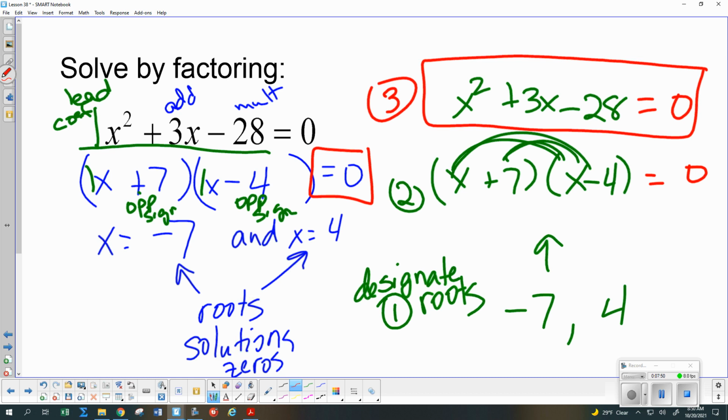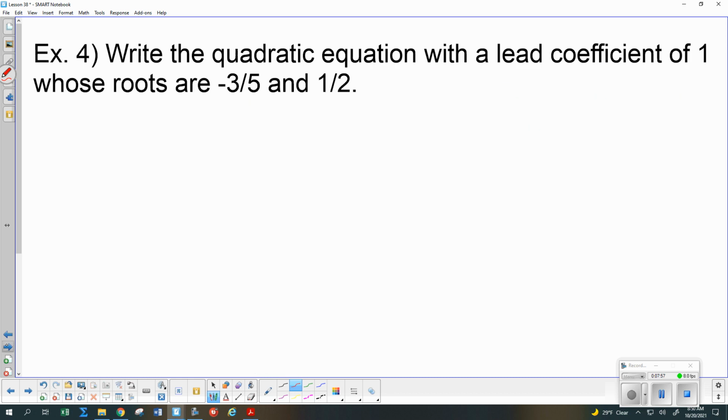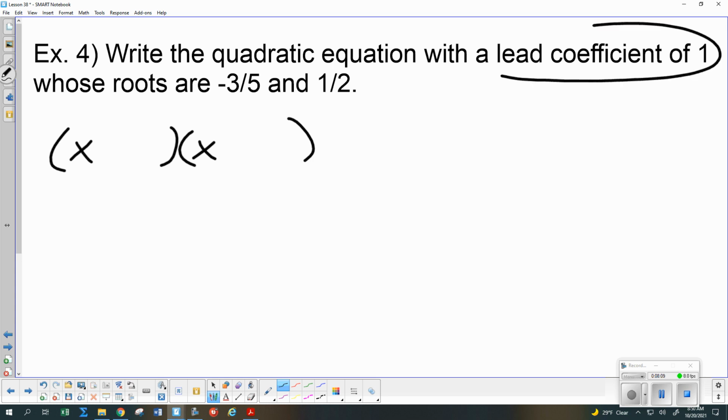The difference is they're not going to give you nice integers most of the time. They're going to give you problems that look more like this, but that's the process we're going to use. We're going to write down 2 parentheses that each start with x, so that x times x will give us 1 x squared at the beginning of that equation.